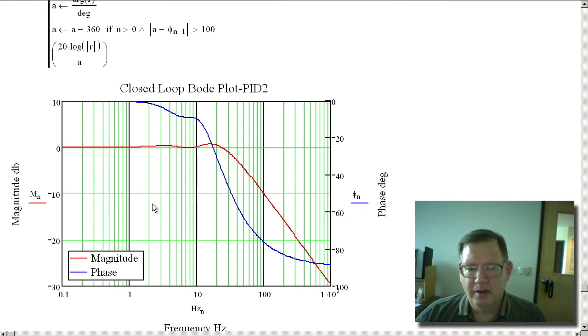And here you can see that it's fairly flat. It goes way out beyond 10 hertz, which is where the natural frequency of the system happens to be. And then the amplitude decays down. So we have a bandwidth of about, let's see if that's about minus 3 dB.